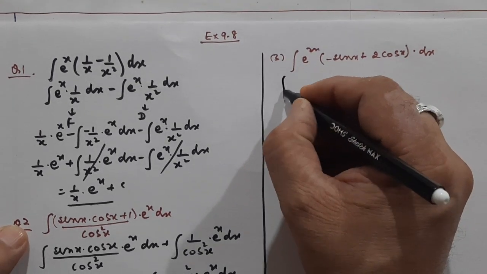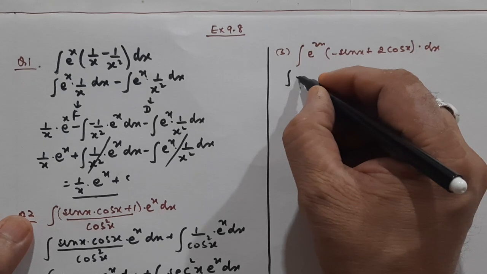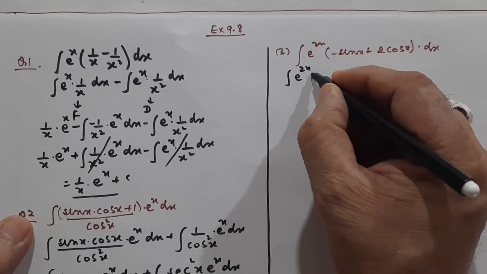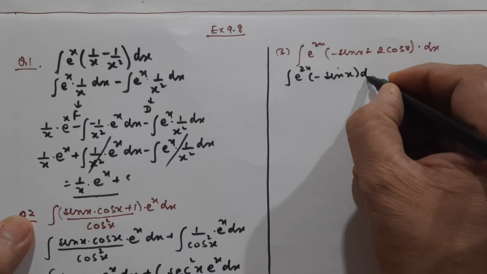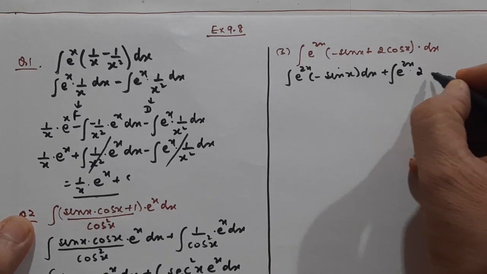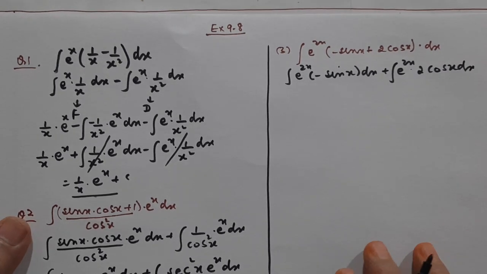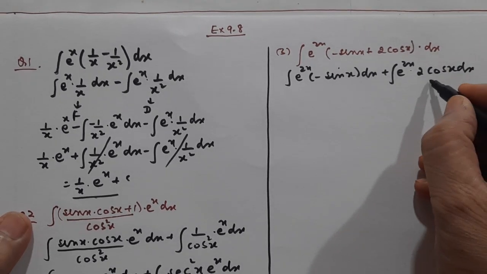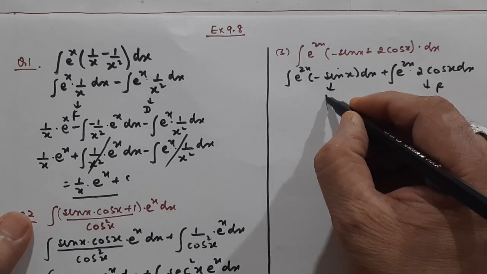So first of all we separate, open the bracket first. So we can write e power 2x into minus sin x dx plus e power 2x into 2 cos x dx, like this. So students, if we see cos x is the function and its derivative is minus sin x.